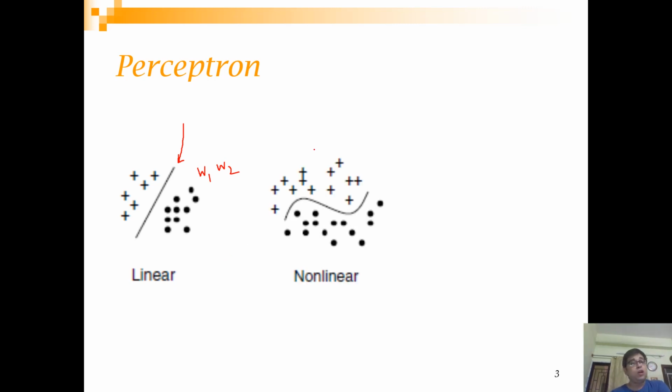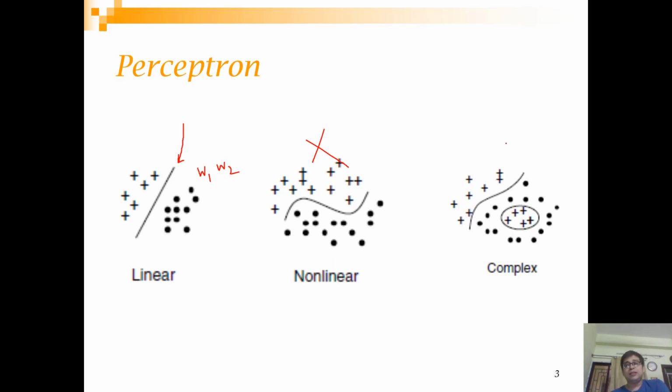Perceptron will not work here. What if the decision boundary is complex, a combination? On one side I have a nonlinear separation boundary like this, and on another side I may have a circular decision boundary like this, which is similar to your radial basis kernel. So here also your perceptron won't work.